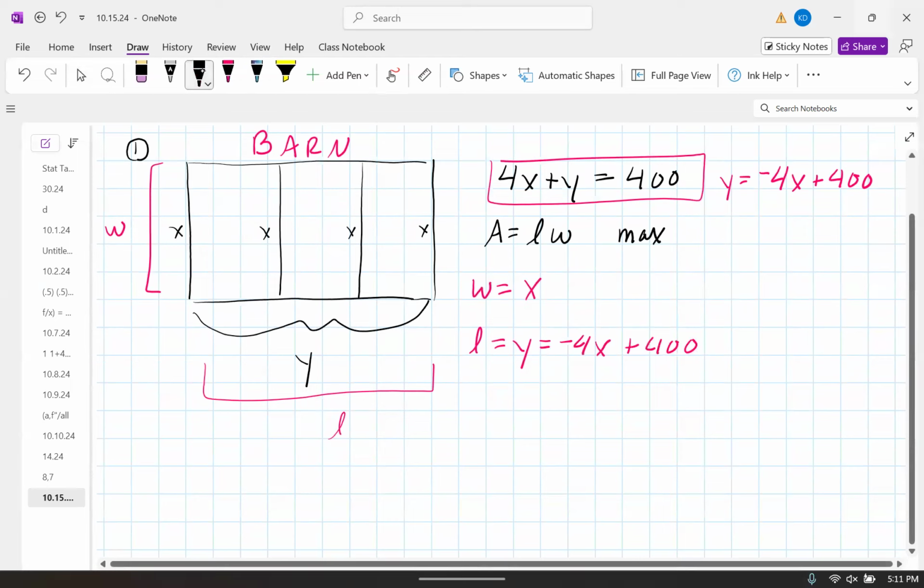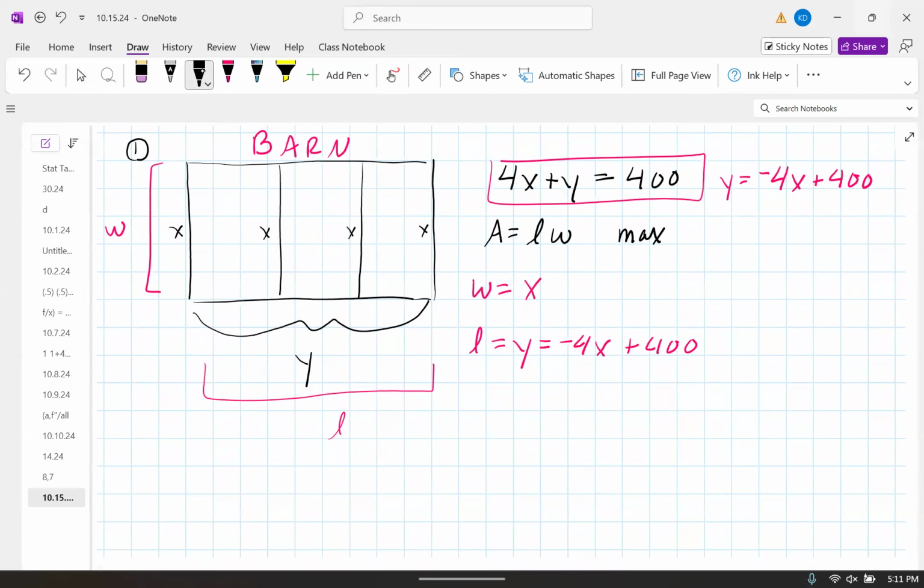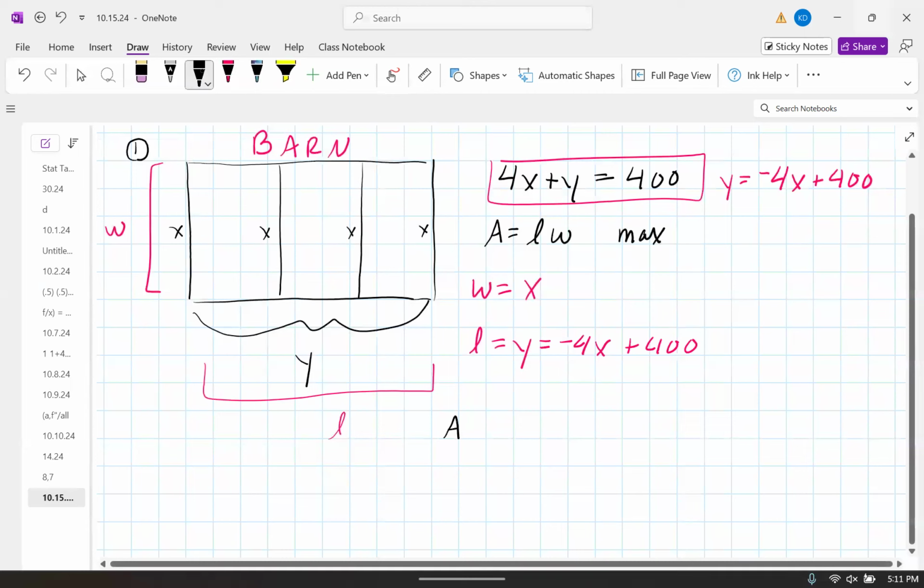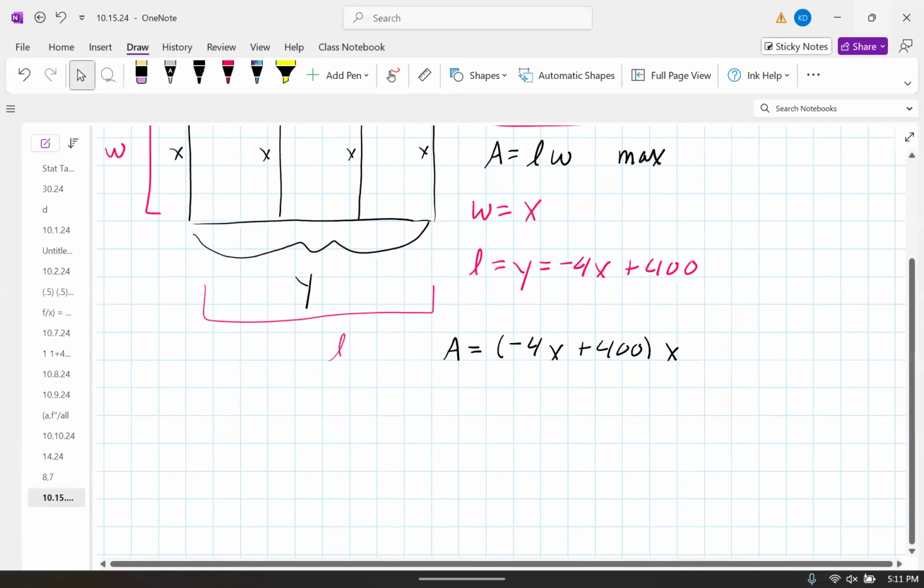Okay. Now I have everything I need to plug it in my area equation. So the area of our yard here will be length, which is negative 4X plus 400 times my width, which is just x. Now, as you mentioned, we need to find the derivative of this because we want to maximize our area.